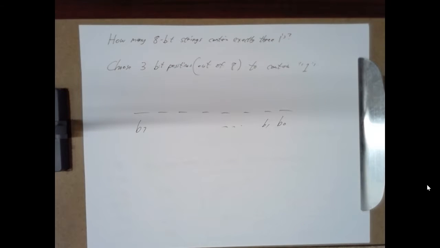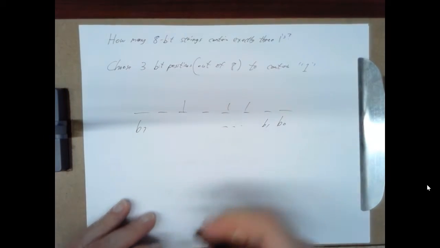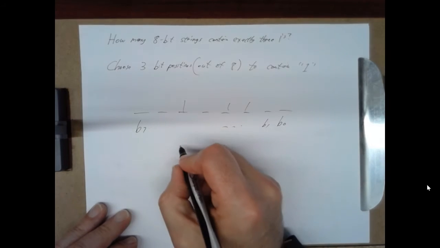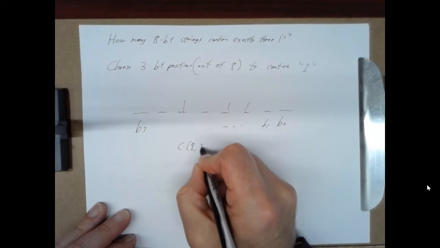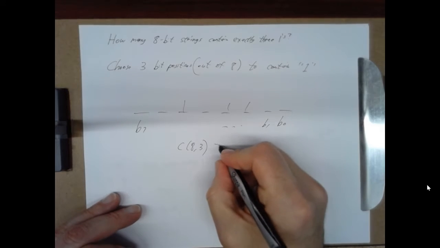And to construct an 8-bit number with exactly 3 ones, we're choosing 3 of these positions to put a 1 in. The number of ways that we can choose exactly 3 of these 8 corresponds to the number of 8-bit numbers we can create with exactly 3 ones. So yes, this is exactly the number of ways we can choose 3 things out of 8. So that's whatever that turns out to be.